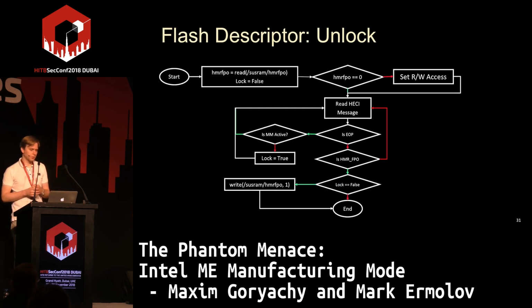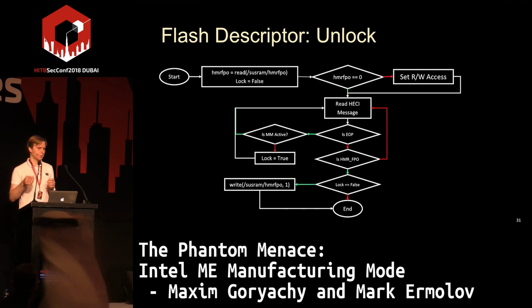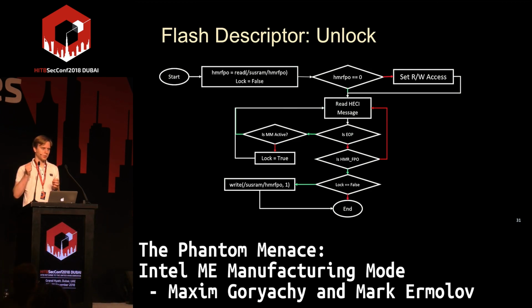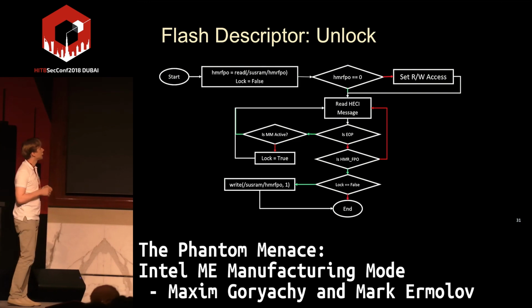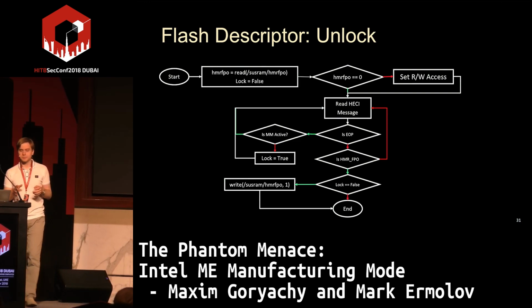Also, I will show how it works. We saw what happens when manufacturing mode is activated on the one hand, and on the other hand, what happens when we send the HMRFPO command in this mode. So on the start, the BUP module in ME reads the HMRFPO file from the file system.